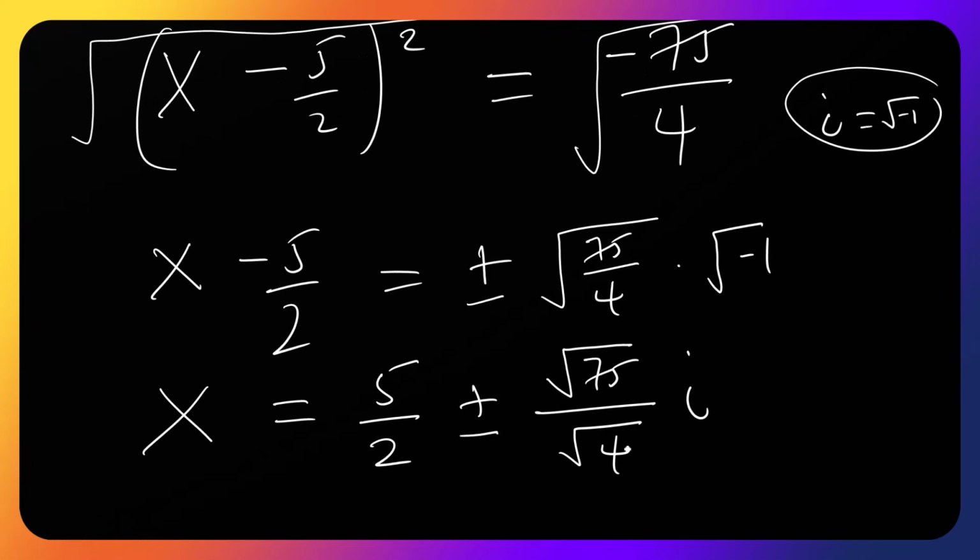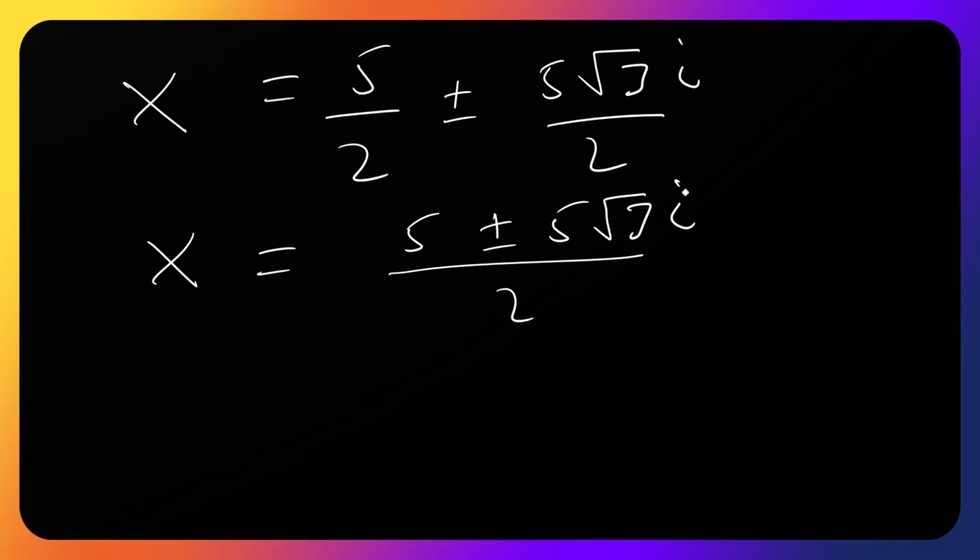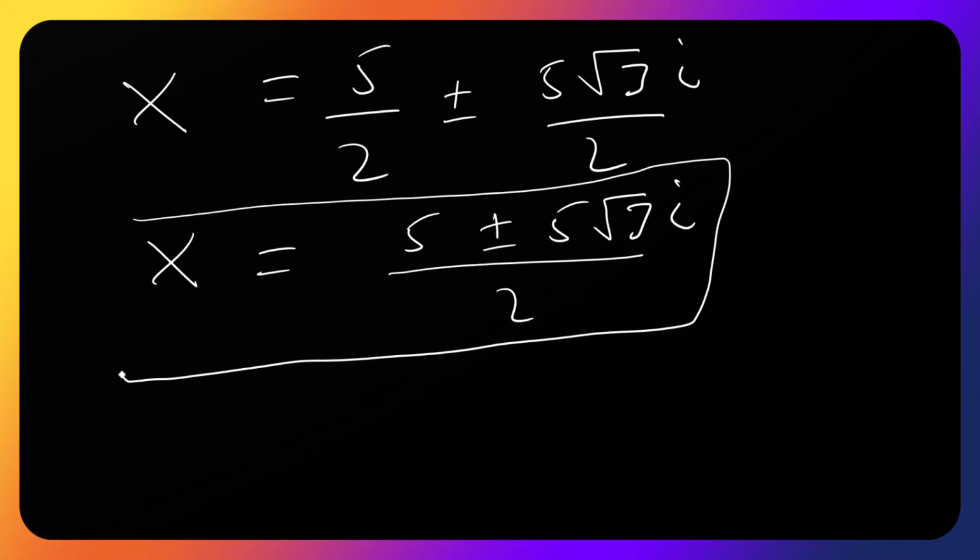This one has given us 2 and this one has given us 5 root 3. So from here we have a common denominator: 2 here, 5 plus or minus 5 root 3 i. So we have our next two solutions that are complex.